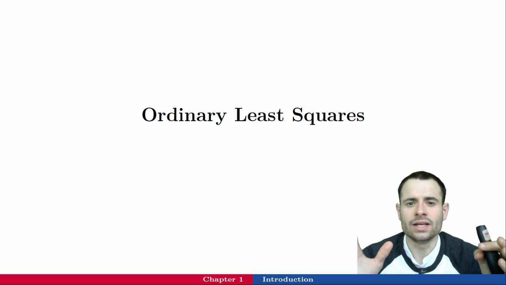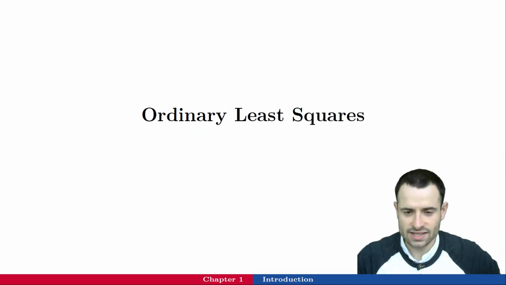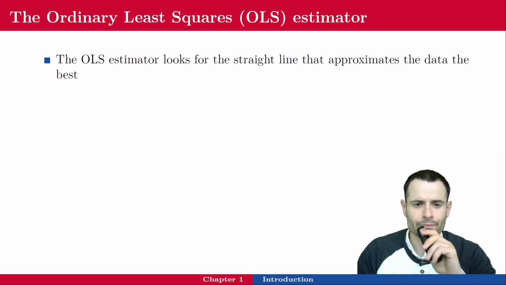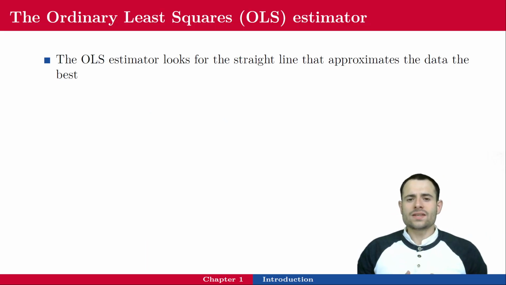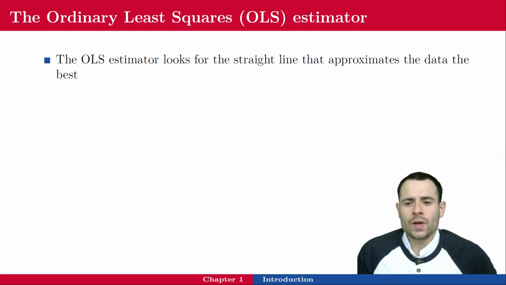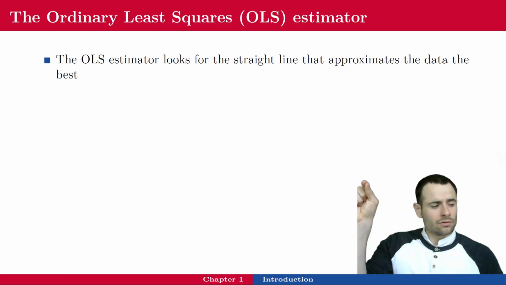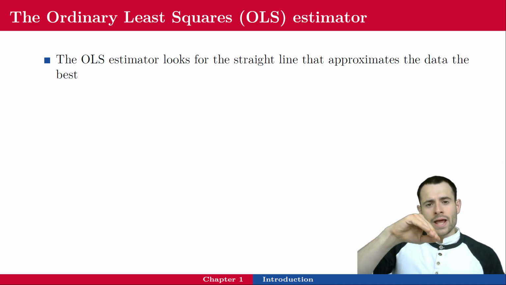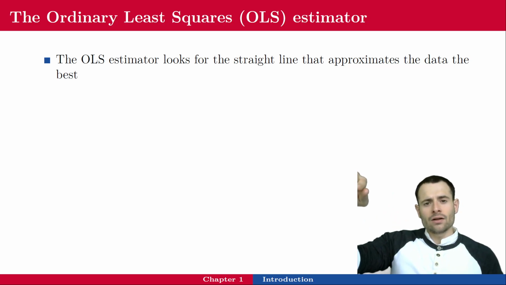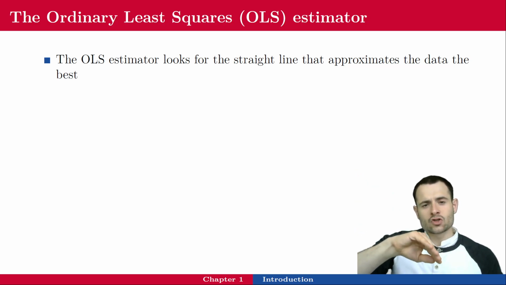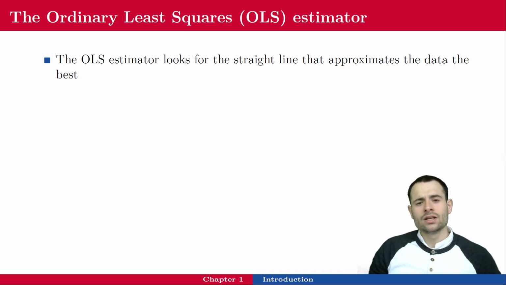So, finally, let's get into the OLS estimator. The OLS estimator looks for the straight line that approximates the data the best. We have a scatter plot of data. We want to run a straight line through the data, but this straight line has to be close to the data in some sense.